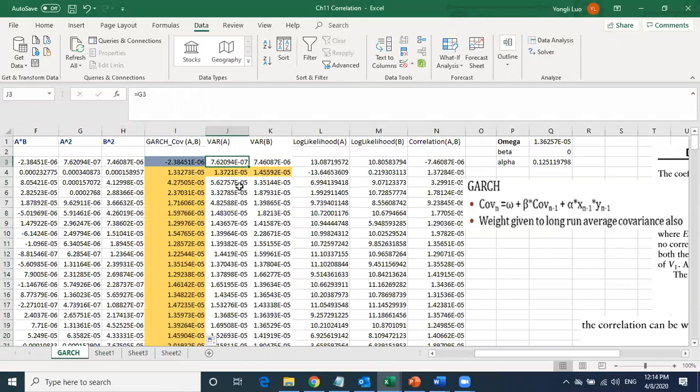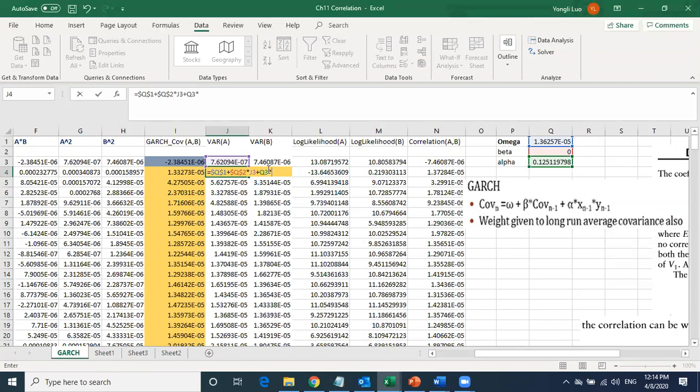You do the same thing for asset A. For the first period we use the squared return. For the second we use the GARCH model, which is equal to omega, which you fix, plus the beta times the previous period variance, and then plus alpha times the previous period squared return.